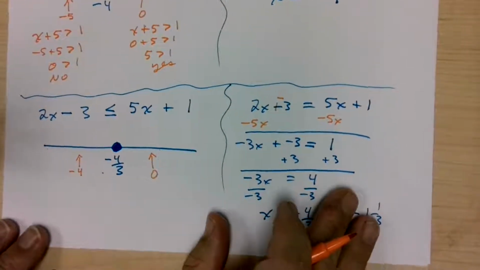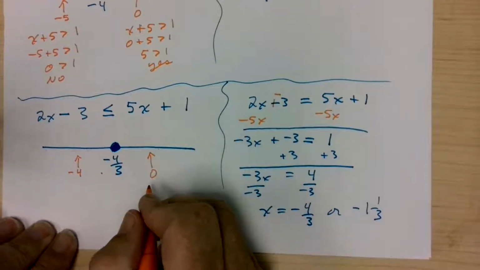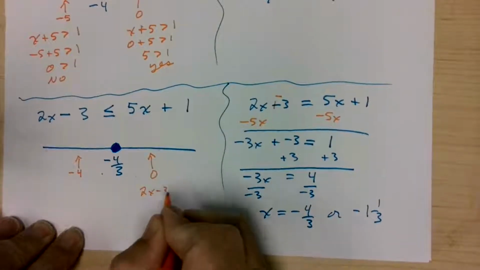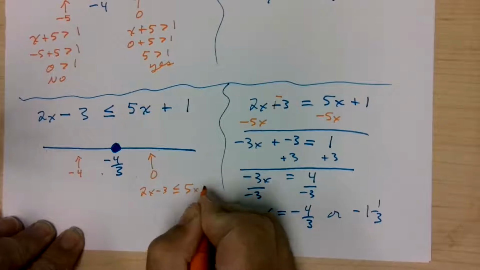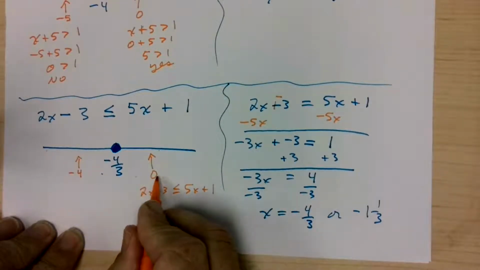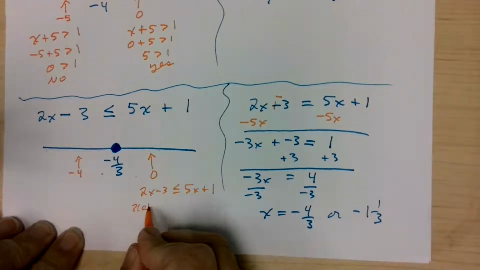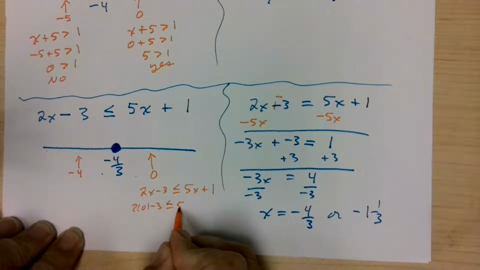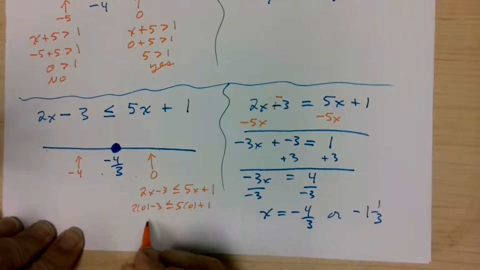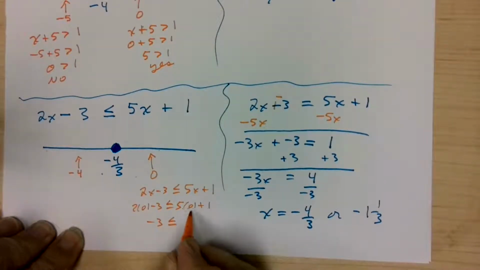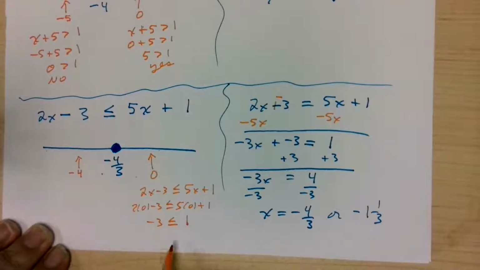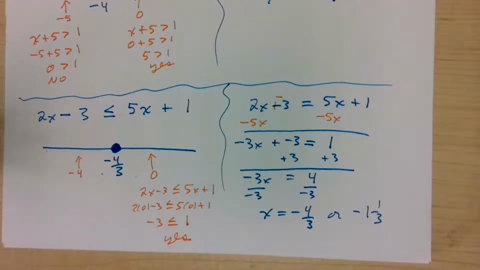So if I work with 2x minus 3 less than or equal to 5x plus 1, plugging in 0: 2 times 0 minus 3 less than or equal to 5 times 0 plus 1. 0 minus 3 is negative 3, less than or equal to 0 plus 1. Is that less than 1? Is owing $3 worse than having $1? Yes. So we're going to shade towards the yes.